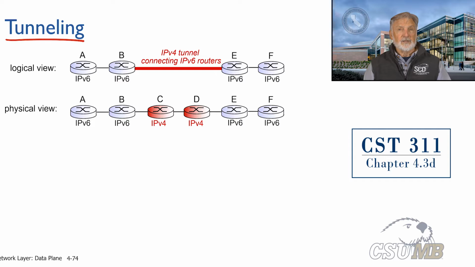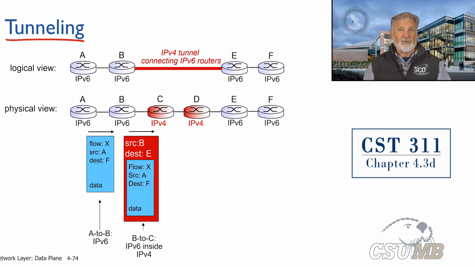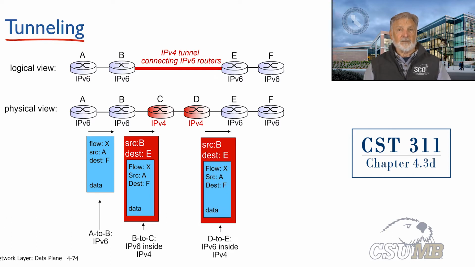In this case, a router A is sending an IPv6 packet to router F. Router B receives this packet and encapsulates it within an IPv4 packet and sends it to router C, which forwards the IPv4 packet to router E, going through router D. Router E de-encapsulates the IPv6 packet and sends it to router F. Note that routers B and E must be running a dual stack, that is, both IPv4 and IPv6.